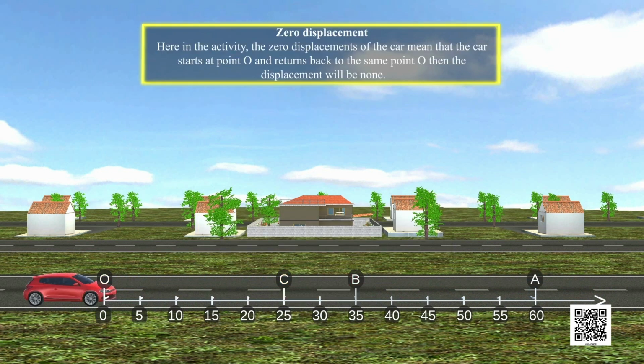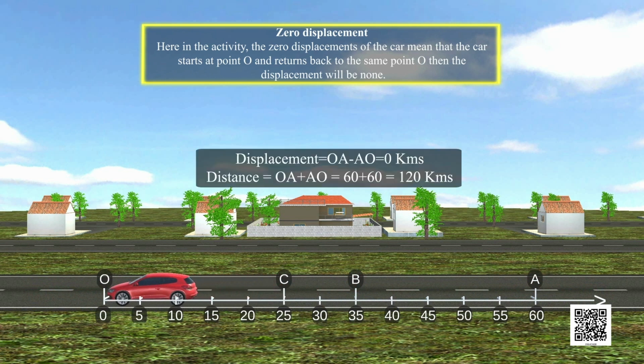Zero displacement. Here in the activity, zero displacement of the car means that the car starts at point O and returns back to the same point O. Then the displacement will be none.